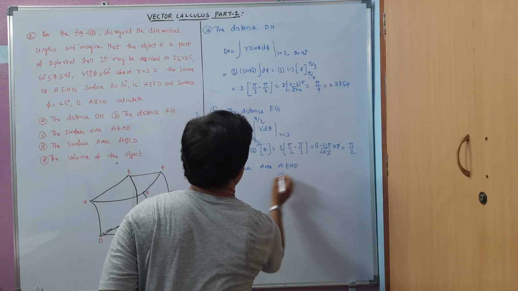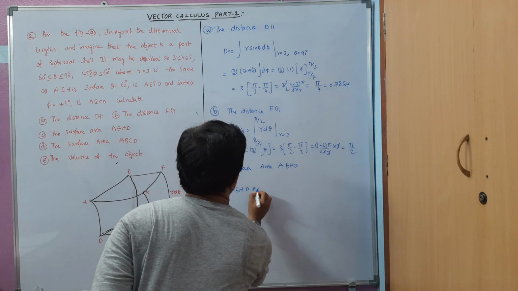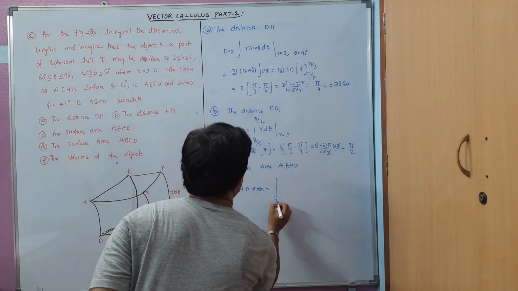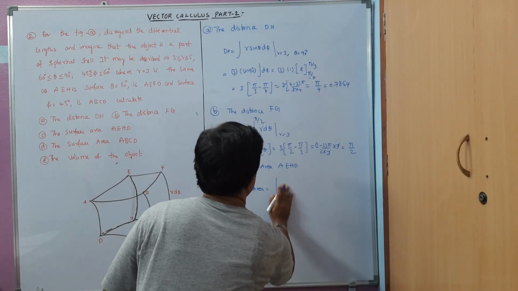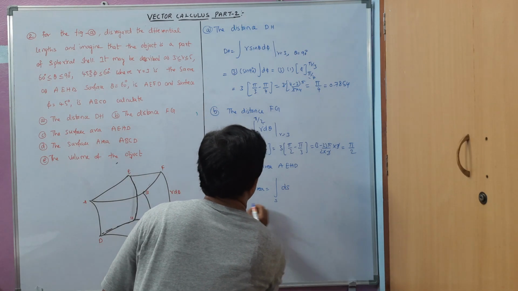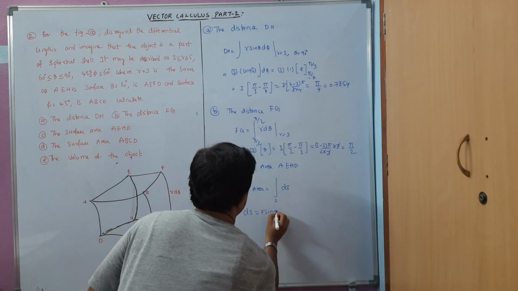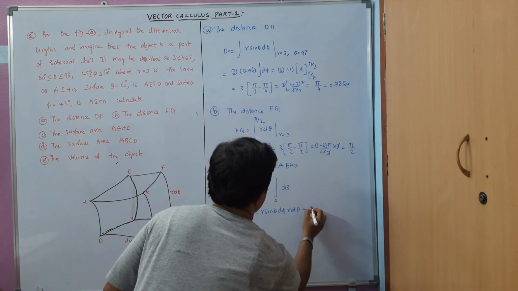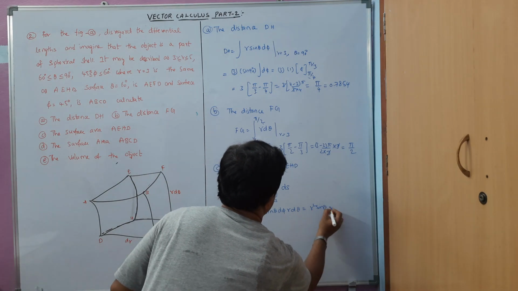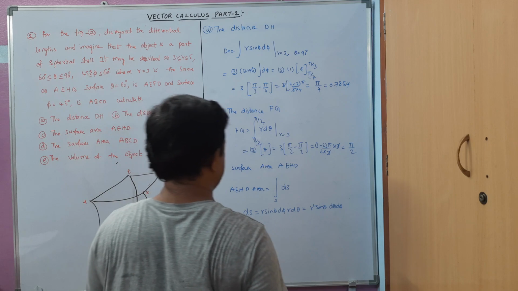I will write here dS, which becomes r sin theta d phi times r d theta. So it gives r squared sin theta d theta d phi.